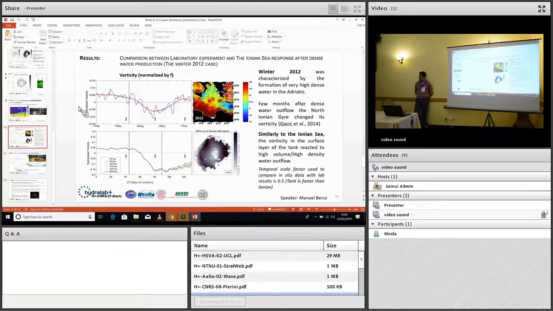Did you investigate that? Actually, we are still working on that. This is, of course, our preliminary comparison of the data gathered in the Ionian with those gathered in the tank. This is for the Mediterranean research.